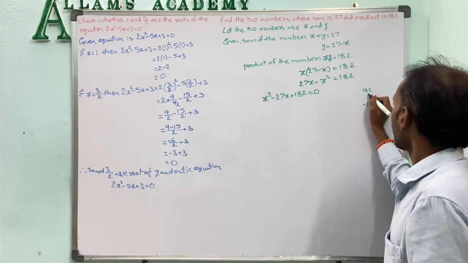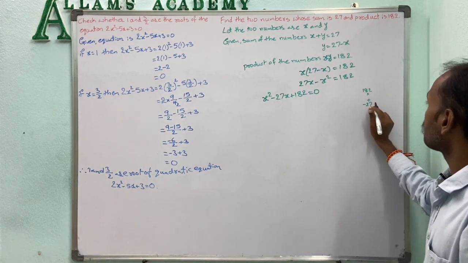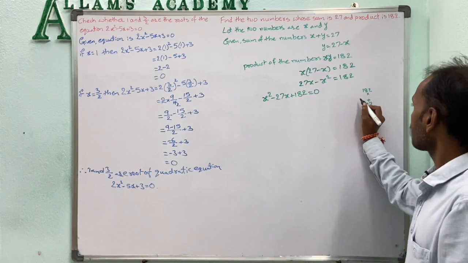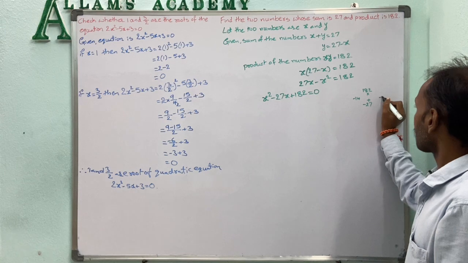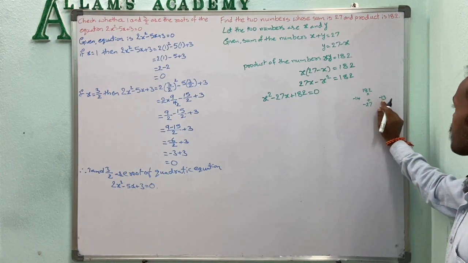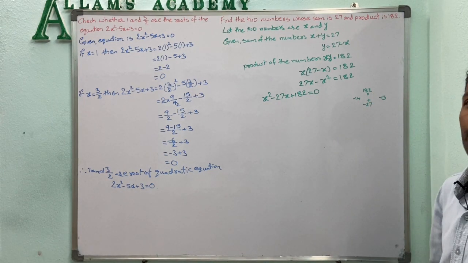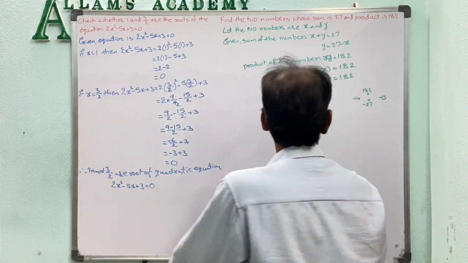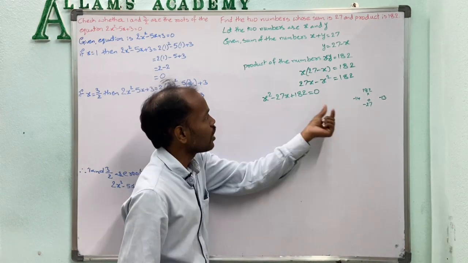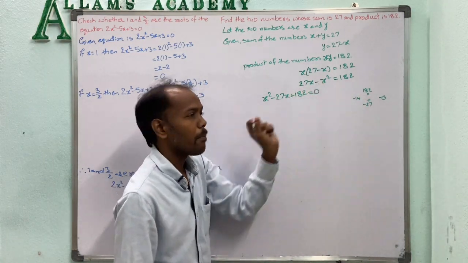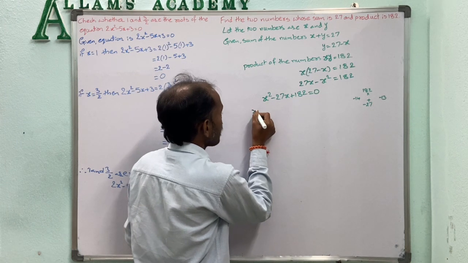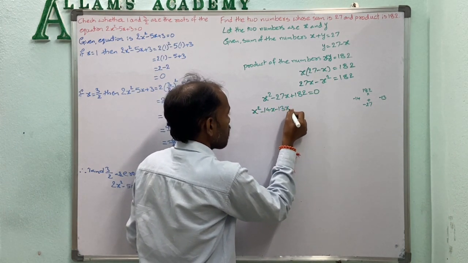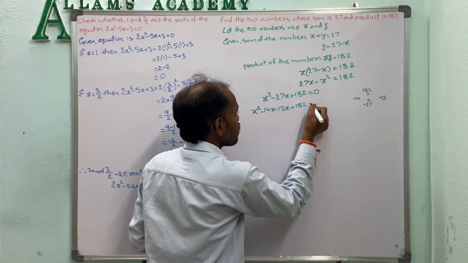So by product of two numbers we get 182, by addition we want to get minus 27. That means the two numbers are minus 14 and minus 13. So minus 14 into minus 13 is 182, and minus 14 minus 13 is minus 27. That means in the place of minus 27x, we write minus 14x minus 13x. So x square minus 14x minus 13x plus 182 equal to 0.